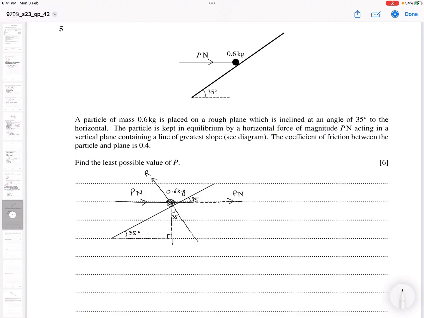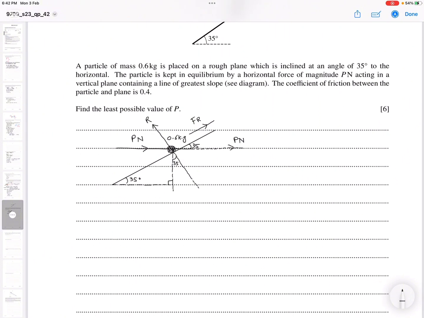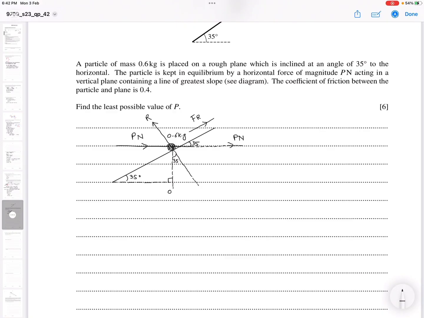So now resolve the forces perpendicular. Okay, one more thing. Here is my frictional force, because it is going to slide down, so my frictional force will be in the opposite direction. So this is my 0.6 g weight.